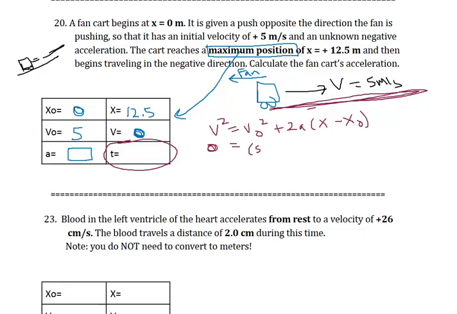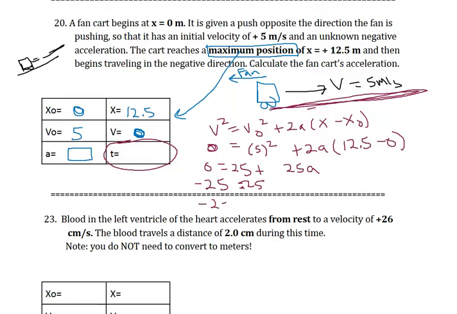V naught squared is 5 squared plus 2a, we're looking for a, and x minus x naught is 12.5 minus 0. So we have 0 equals 25 plus, actually I think that's 25a. Subtract 25 from both sides.